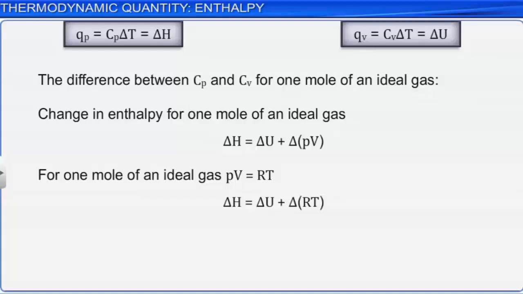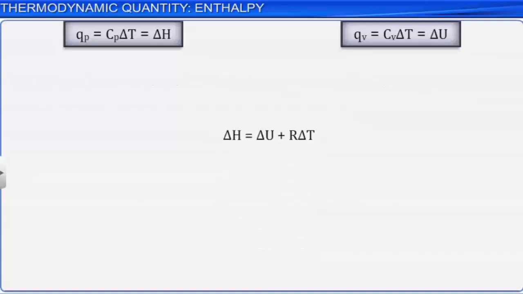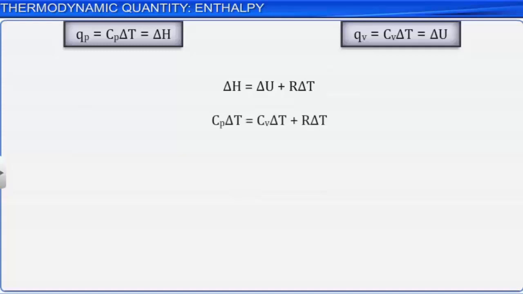As R is constant, the equation can also be written as delta H equals delta U plus R delta T. On substituting the values of delta H and delta U in the equation, we get Cp multiplied by delta T equals Cv multiplied by delta T plus R delta T. Since delta T is equal to 1, we can write the equation as Cp equals Cv plus R, or Cp minus Cv is equal to R.